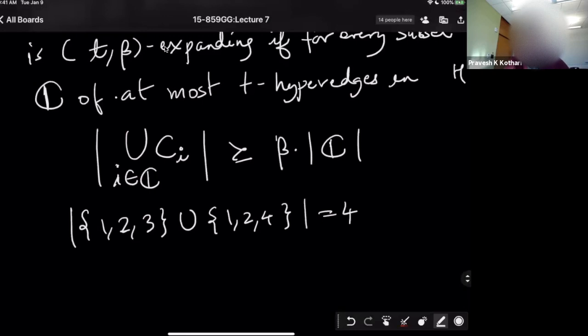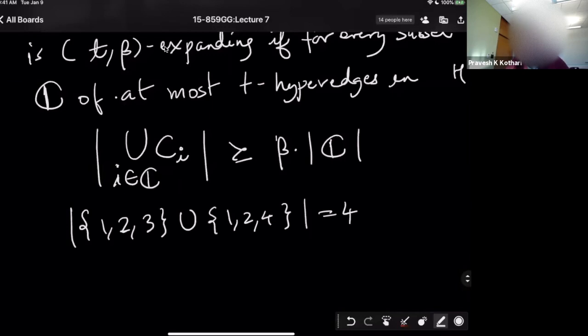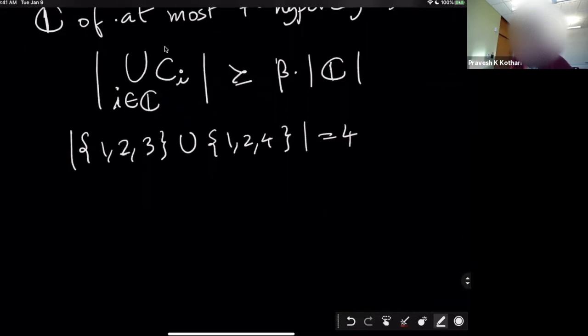Somehow a large number of unique indices must appear in the union of these at most T hyperedges. Okay, very good.